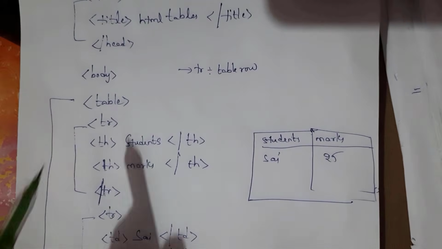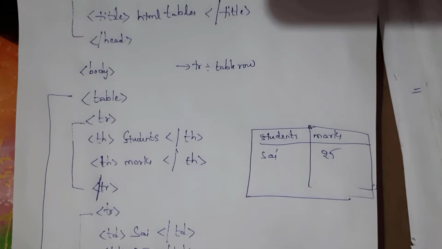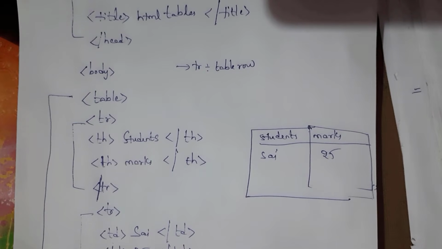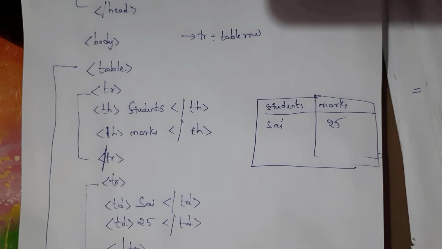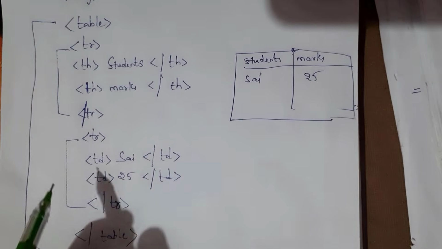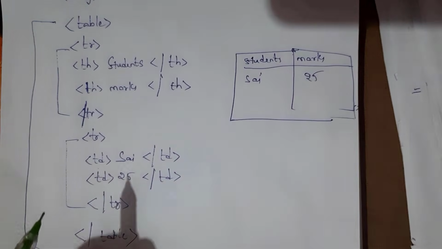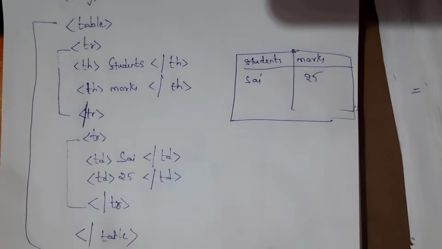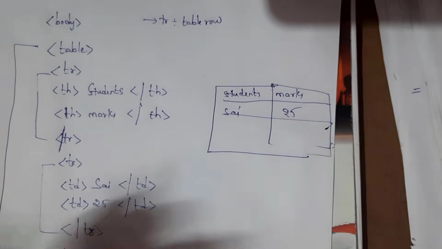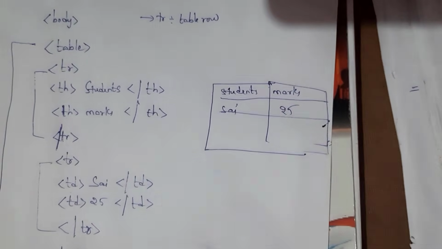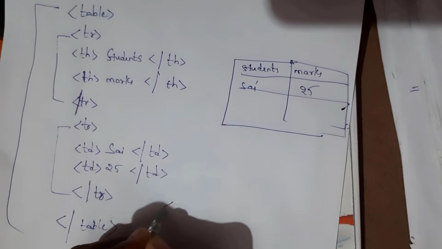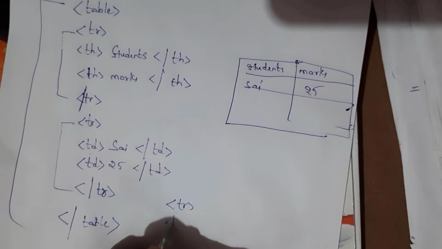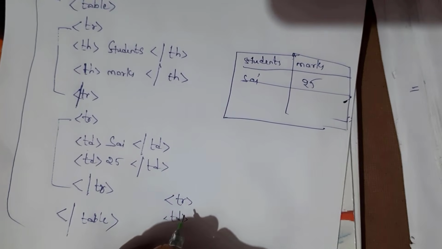I open the table and inside the table I created a table row, and inside the table row I wrote the table heading, and similarly again I open the table row, and inside the table row I have written table data. This is how the output looks. For example, if I want to add another user's information, again I need to open the table row and table data, and the next username is Raju.